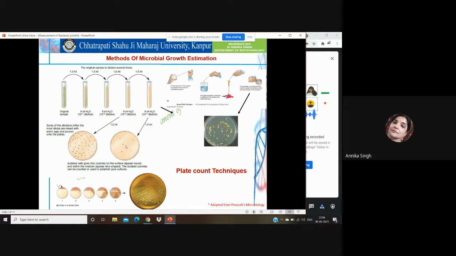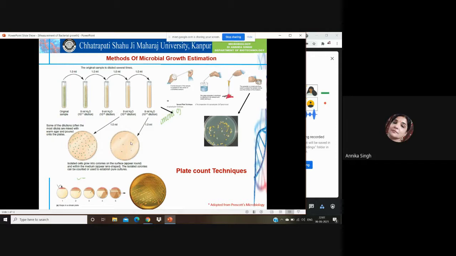These discrete pure colonies are then counted, and this counting is known as viable counting or plate count technique, which tells about the colony forming unit, known as CFU, per ml of the diluted sample.